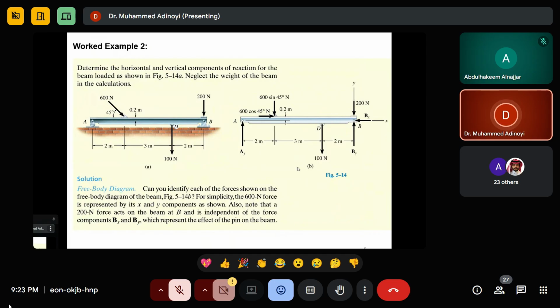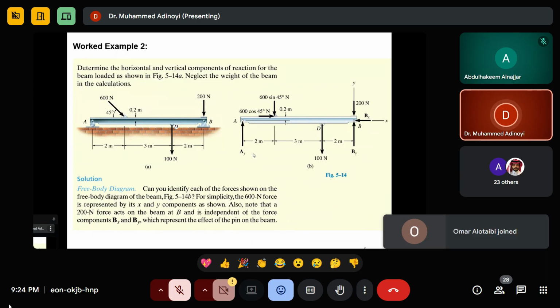Don't go to the next page. Where will I take the moment? At B, sir. At B, because there are more forces here to cancel. So if I take here, I'm going to take this, this, this, this, 5. But if I take it here, I'm only going to have 1, 2, 3. So that is why knowing where to take the moment matters.